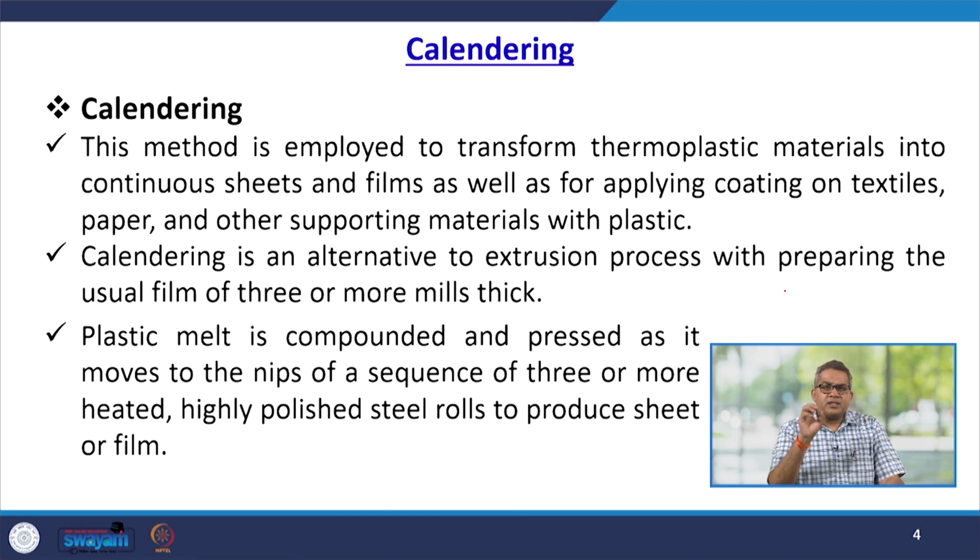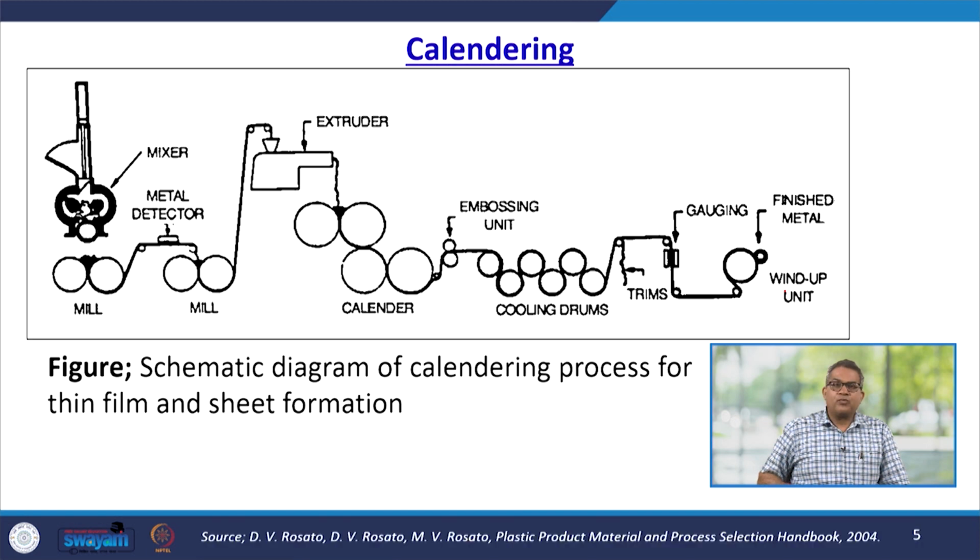Calendering is an alternative to the extrusion process for preparing the usual film of 3 or more mils thick. Plastic melt is usually compounded and pressed as it moves to the nip of a sequence of 3 or more heated or highly polished steel rolls to produce sheet or films.